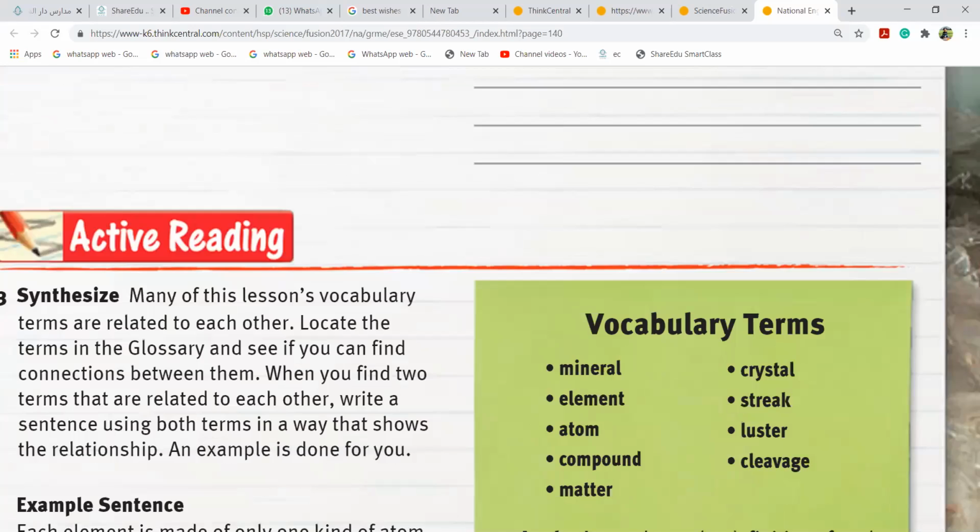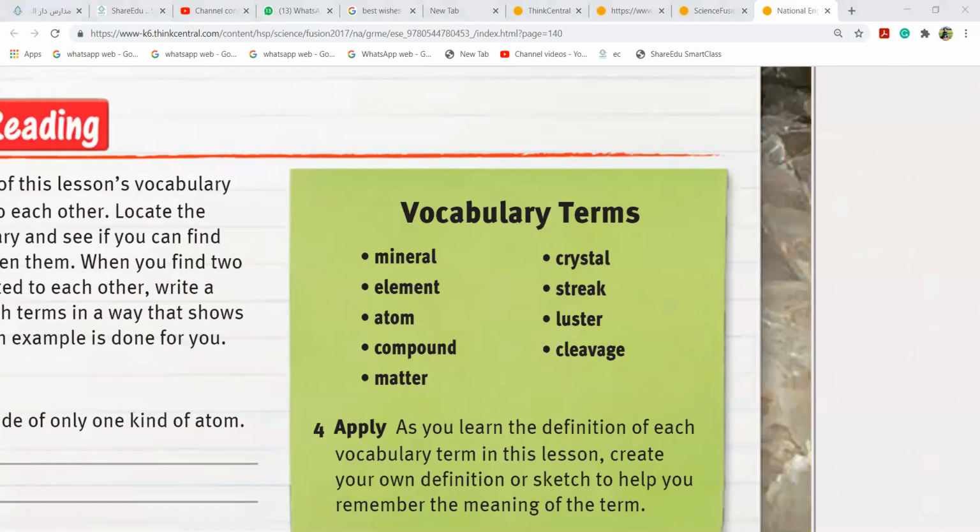Now, the vocabulary terms. Zishan is here. Yes, Zishan, read them out. Noor, continue.